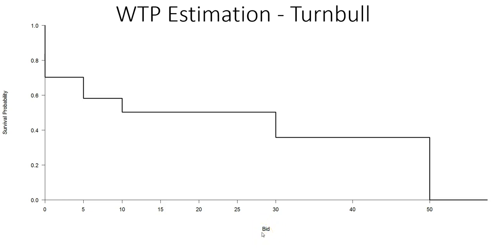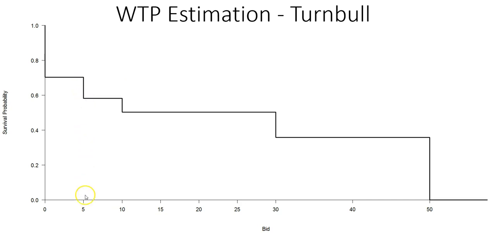In this graph, the cost amounts range from $0 to $50. Each of these notches on this Turnbull, named after a statistician, is where a bid occurs.